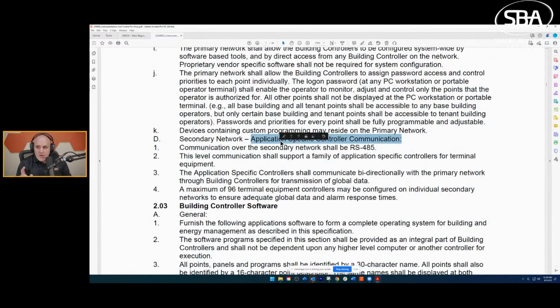And here's where the non-observant person could get really hosed. Now, granted, this is flat spec Siemens, so I wouldn't expect them to mess up considering it's a flat spec. But imagine this being an open spec with multiple bidders and multiple vendors, and they don't catch that there's a secondary network for the ASCs, application specific controllers.